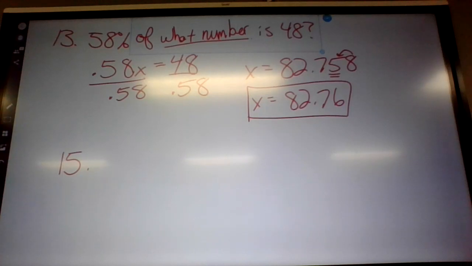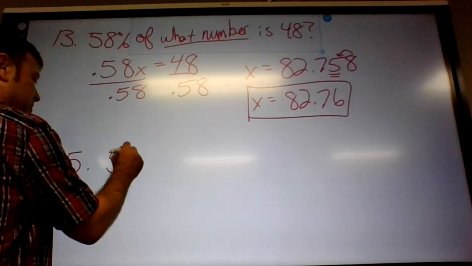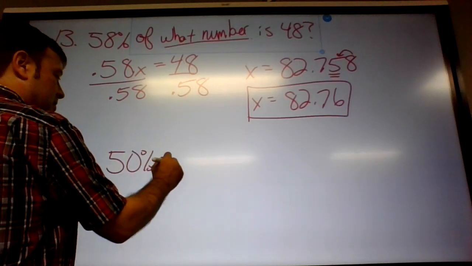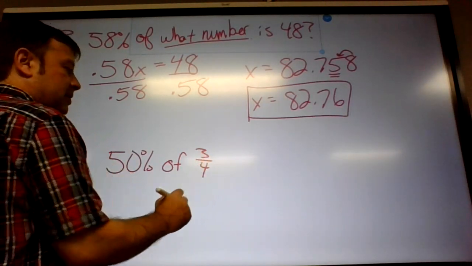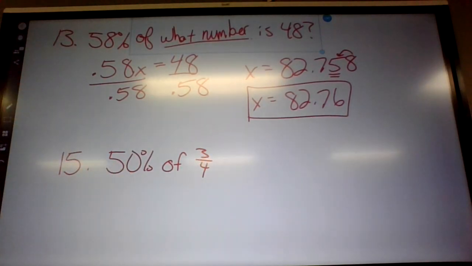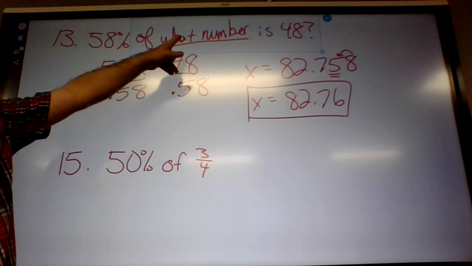Okay, 15 is more like number 11, 50% of 3/4. Do we now have to put these in percentages? Okay. We just did. Number, no, we didn't. Number 12, 16, and 20 all say what percent. So those three you do need to change to a percent. This one just said what number.